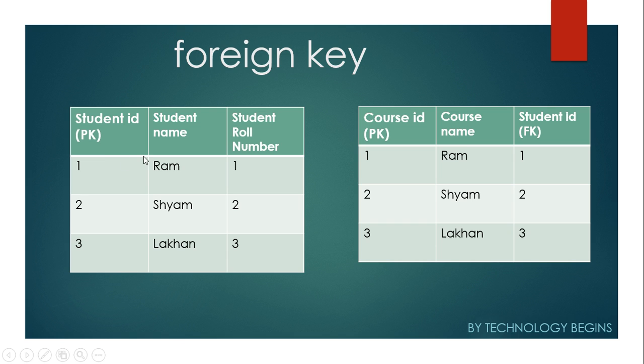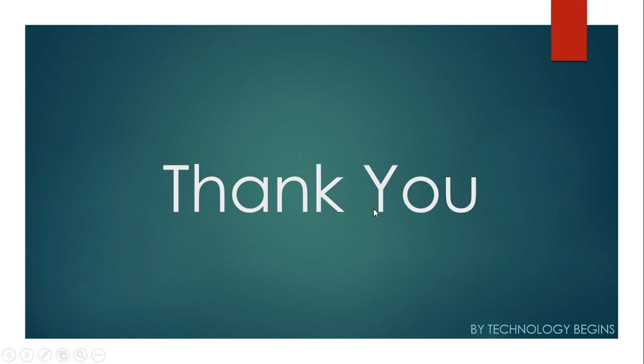Then we have to define the foreign key as student ID in the course table. So here student ID is a foreign key in the course table that points to the primary key of the student table. So we can identify which student takes which course here. And thank you for watching this video.